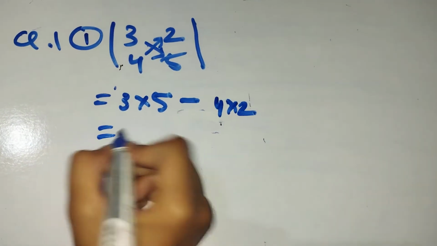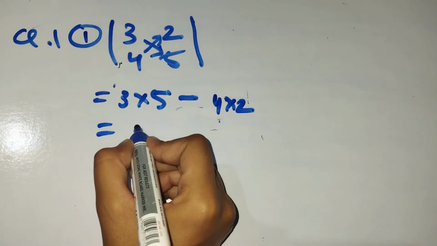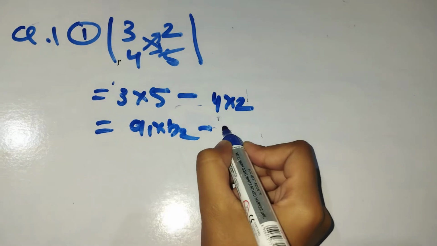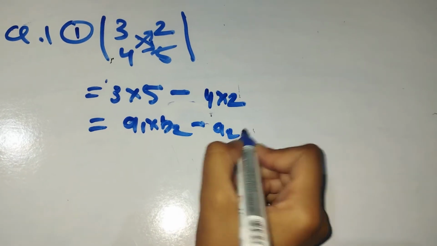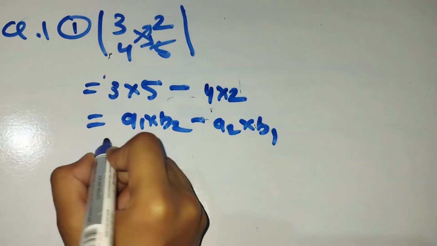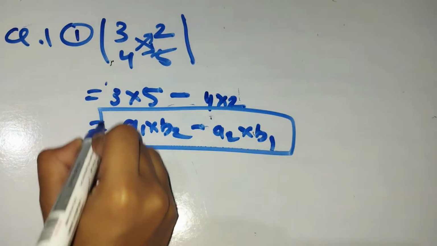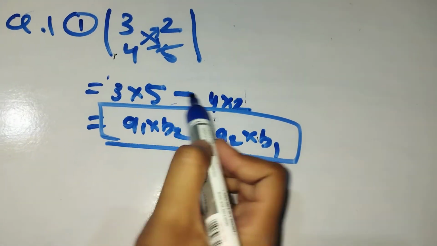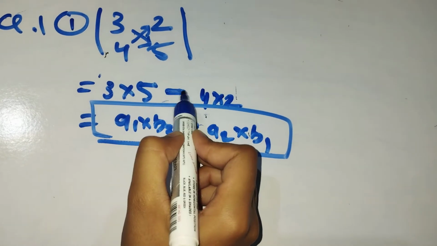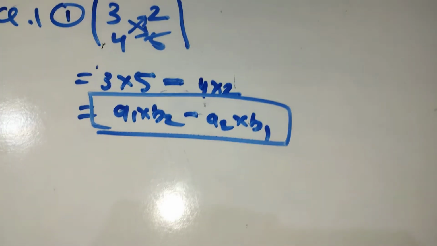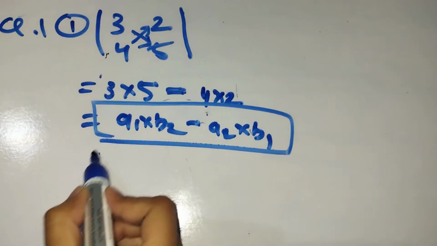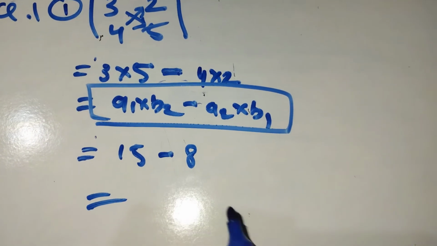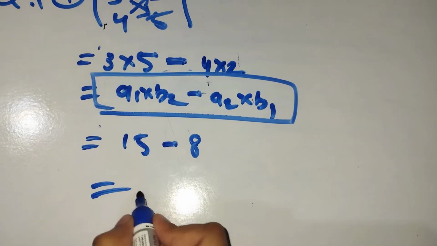You can write the formula here like a1 multiply by b2 minus a2 multiply by b1. This is your formula. Just learn it. Just cross multiply the numbers, and take a minus sign between them, and then solve it. 3 fives are 15 and 4 twos are 8. So after that you will get 7.